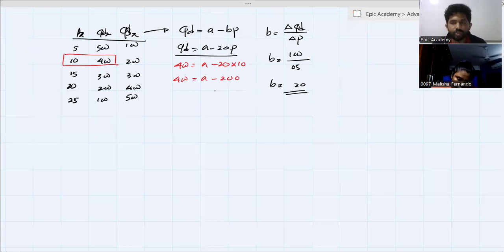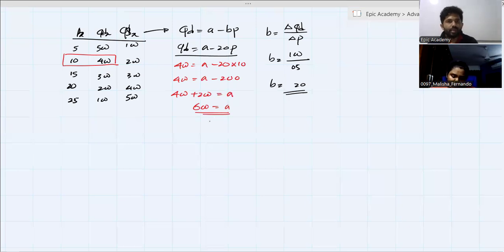That means 200. And then 400 plus 200 equals A. Then 600 must be equal to A.